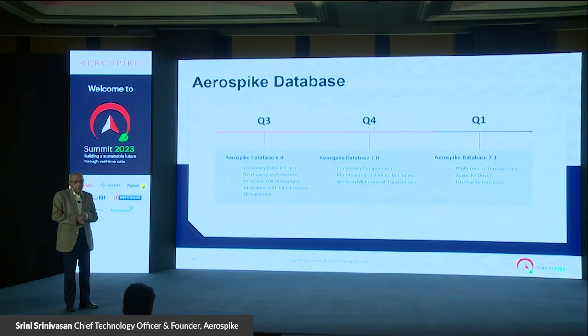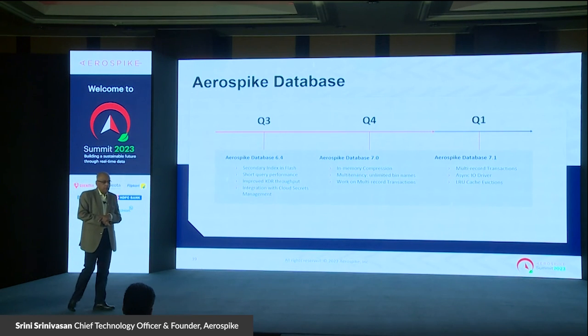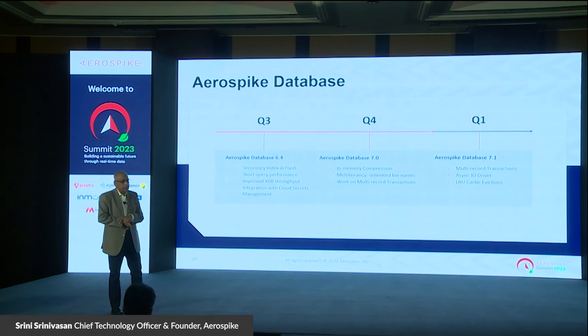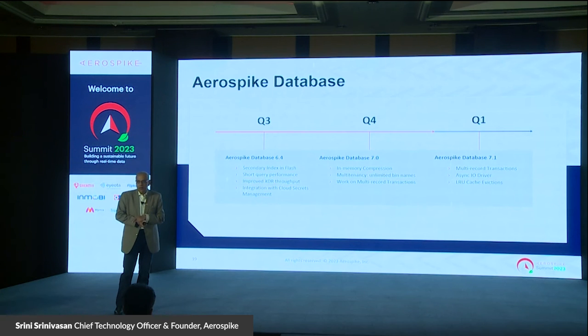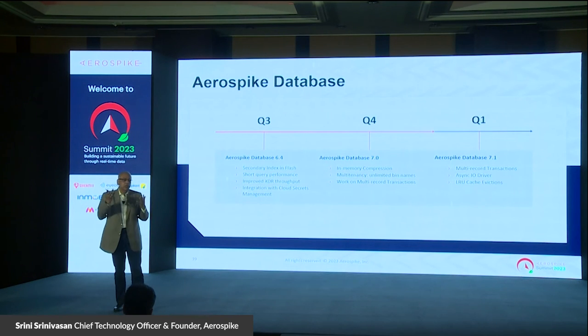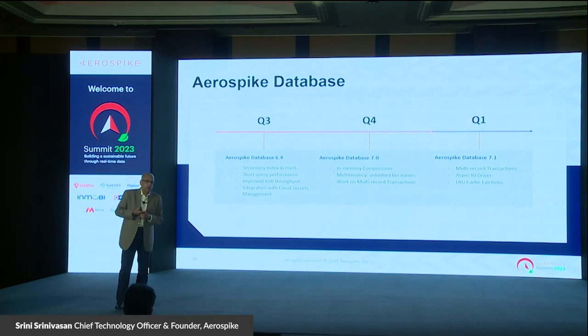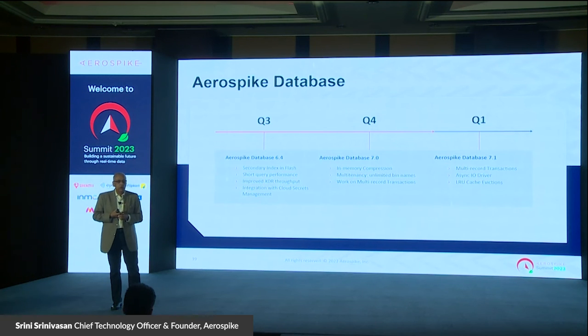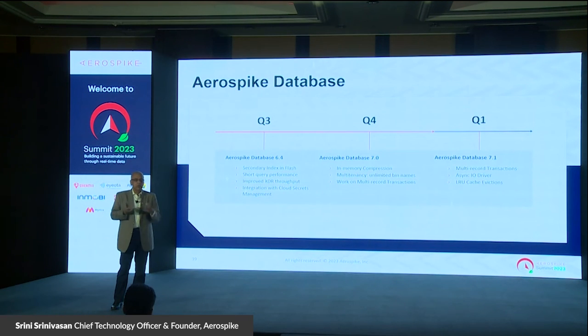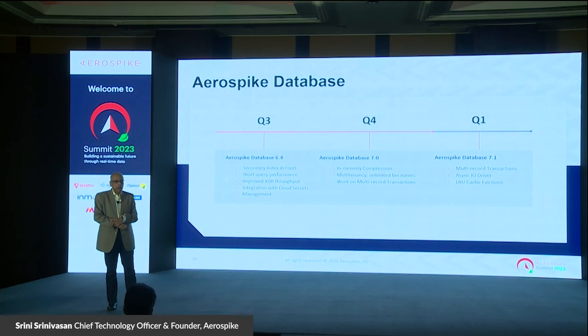On database 7.0, this is the beginning of what I would call the multi-record transaction epic. We are first redoing the in-memory database option. Originally, in the data in memory concept, I talked about data being on Flash with hybrid memory, but Aerospike also supports a pure in-memory database system, but the two were not really aligned in terms of how they work, so we're redoing the in-memory piece in preparation for building a robust multi-record transaction system.